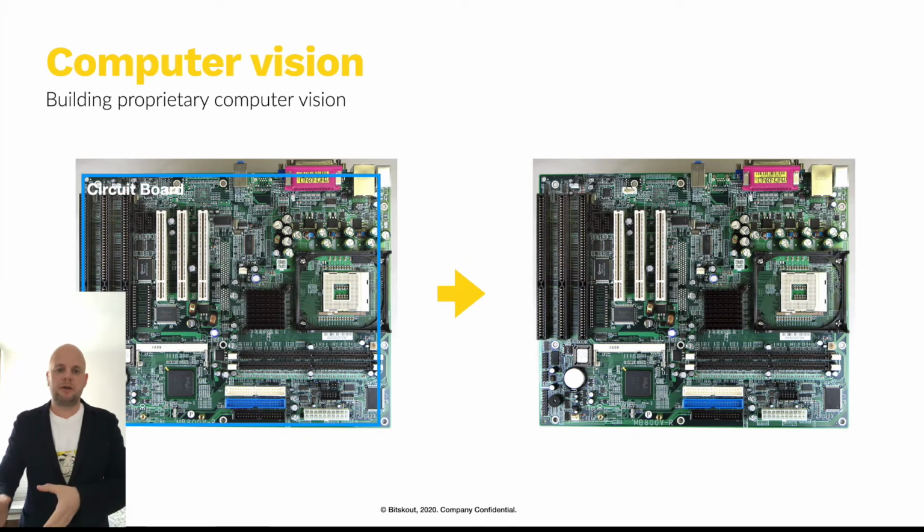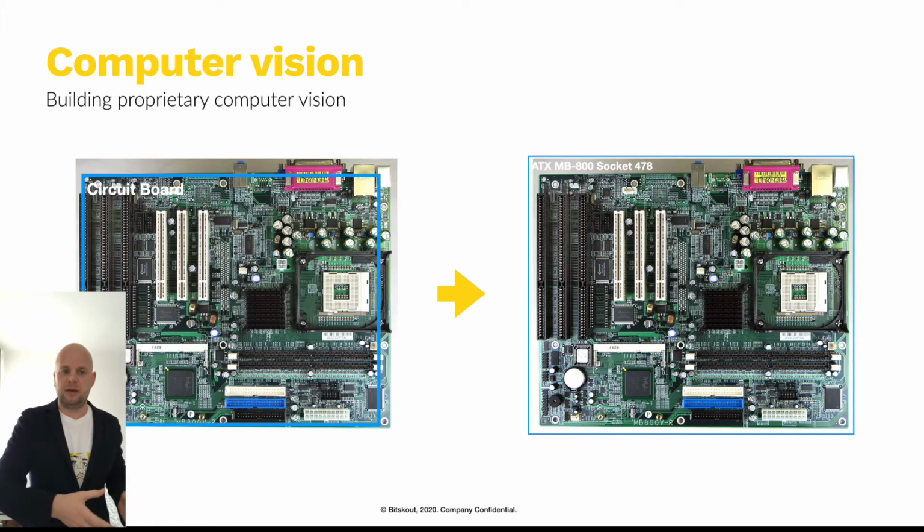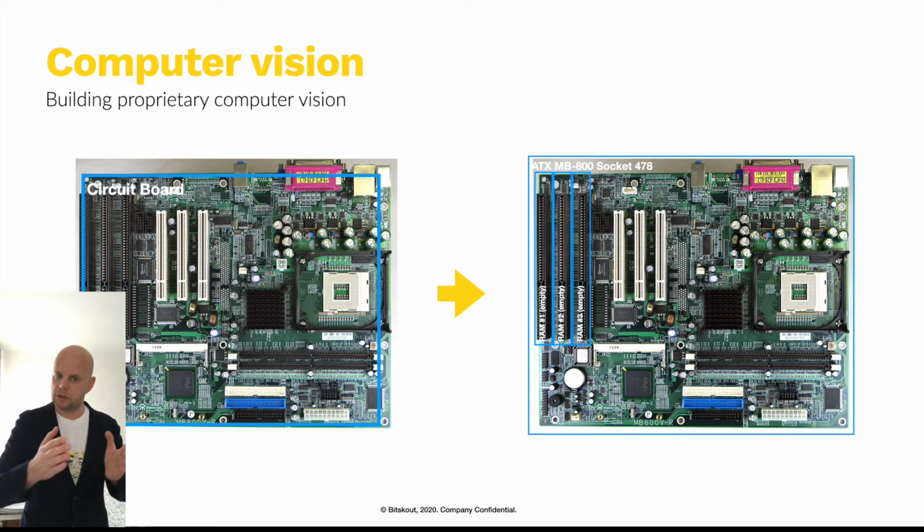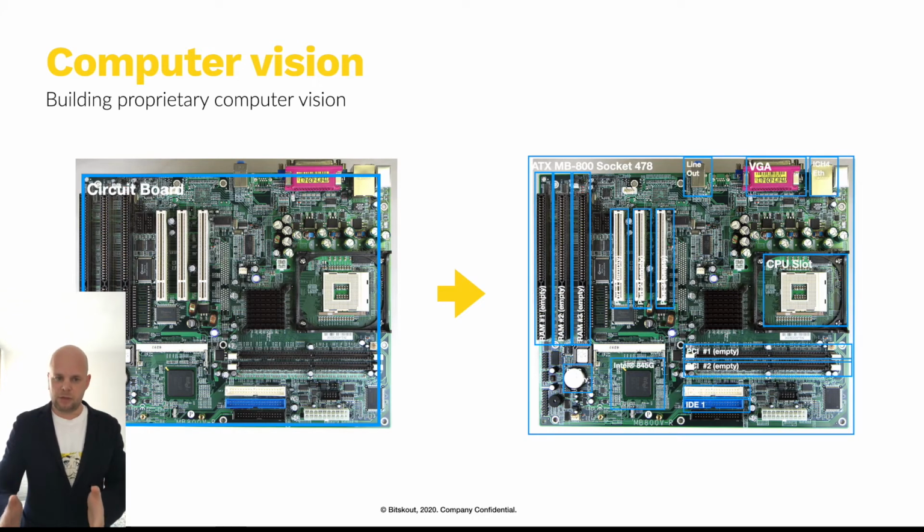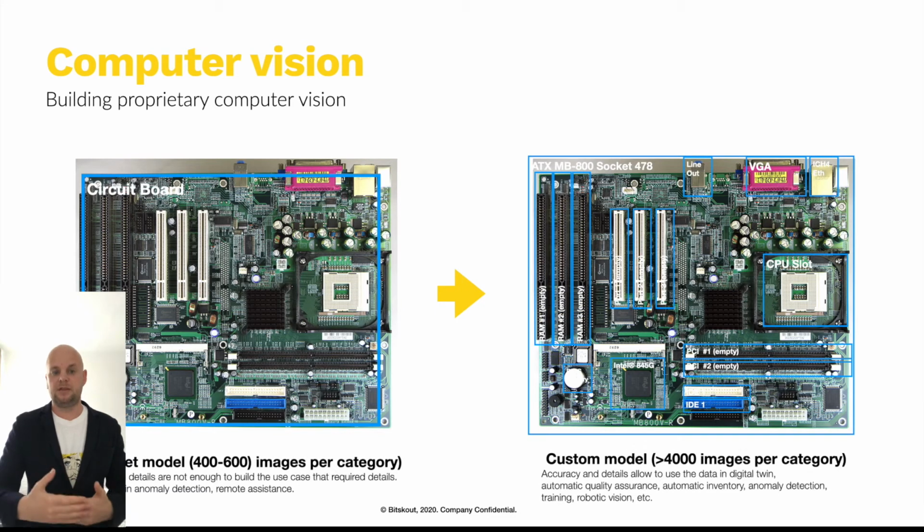Not only do we recognize the model and the make of the motherboard, we also understand different components. We understand which components have plug-in units, which don't. And we understand all this by providing enough information for our systems to train upon. In this case, the difference between proprietary data and absence of it is quite illustrative.